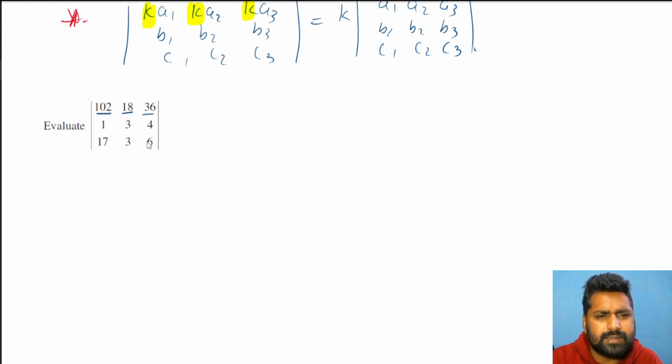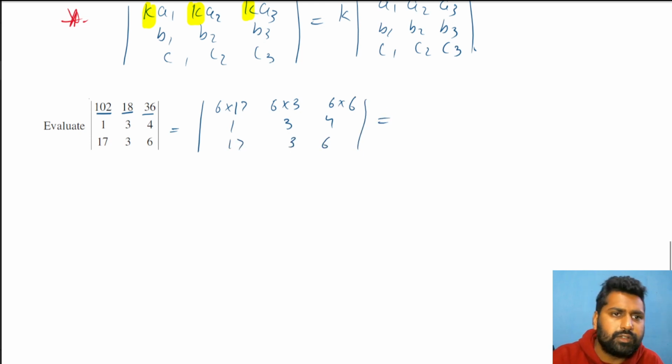The rest are still smaller. Now if you look at 18 and 36, they are multiples of 6. And interestingly, 1, 42, 6, this is also a multiple of 6. So I can rewrite this as 6 into 17, 6 into 3, 6 into 6: 17, 3, 6.